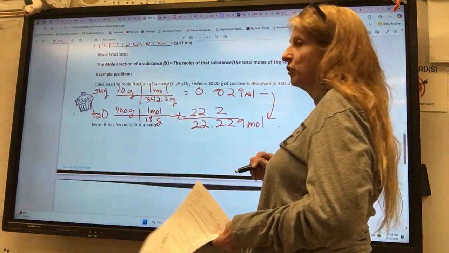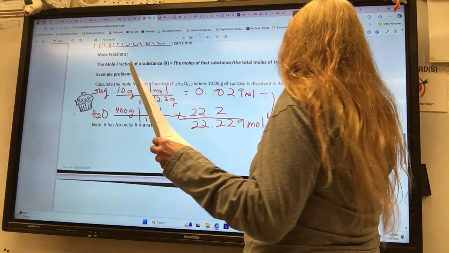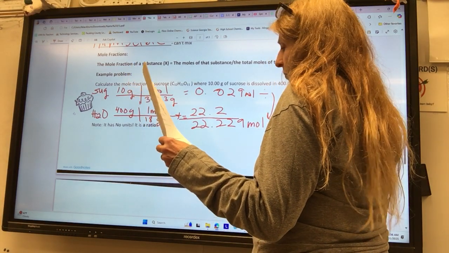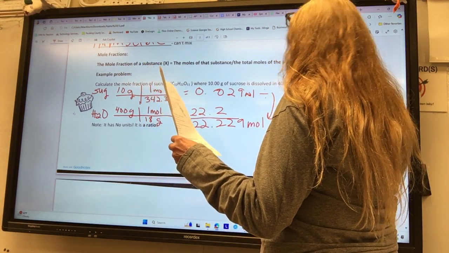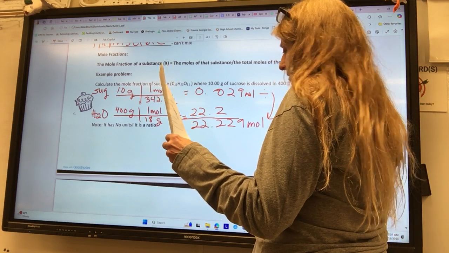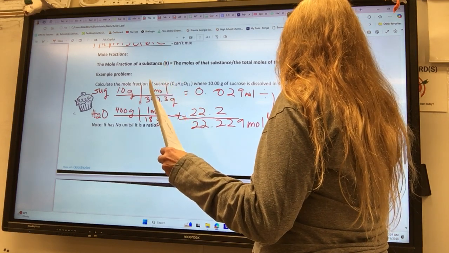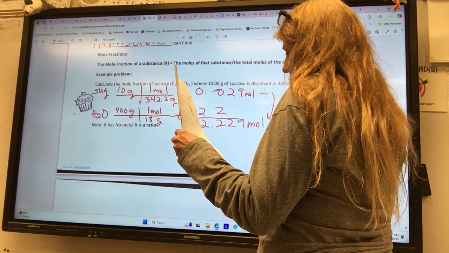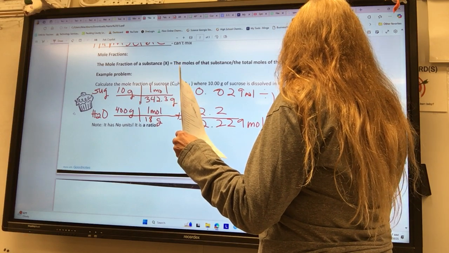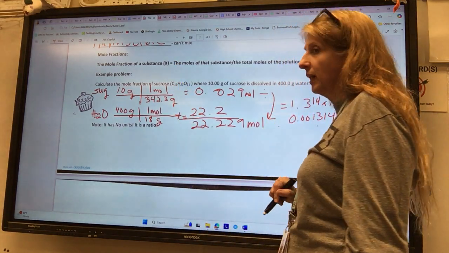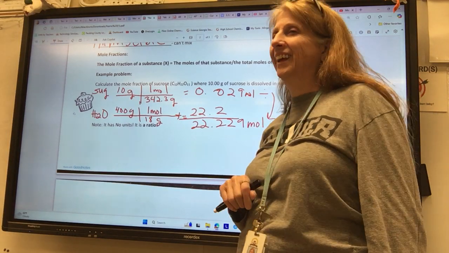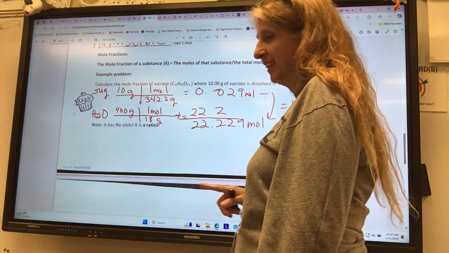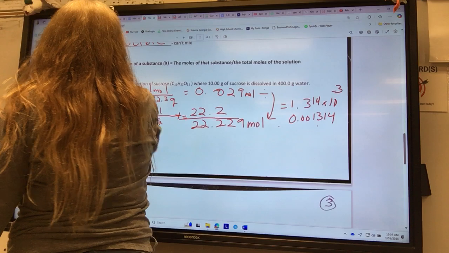I got 1.314 times 10 to the negative third, or 0.001314. And Elisha said I was wrong. Yeah, it's 0.00130046. I knew that, Elisha.